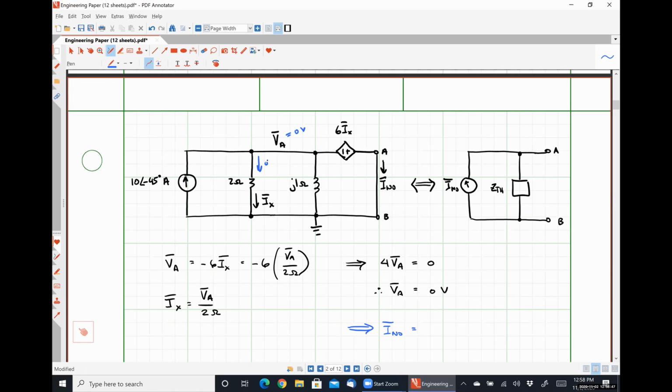So there's no current flowing this way, and there's no current flowing this way. So all of the 10 angle -45 degrees amps of current is going to flow here. None of it's going to split. I Norton must be, as Mr. Joe has pointed out, 10 angle -45 degrees amps.